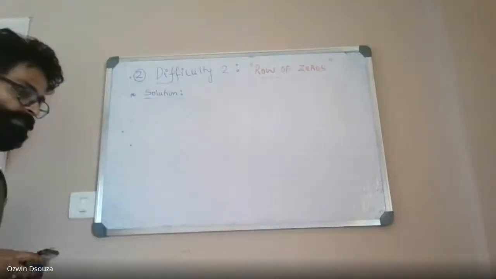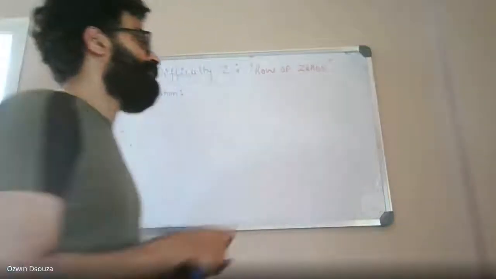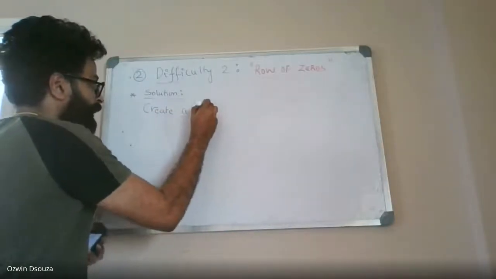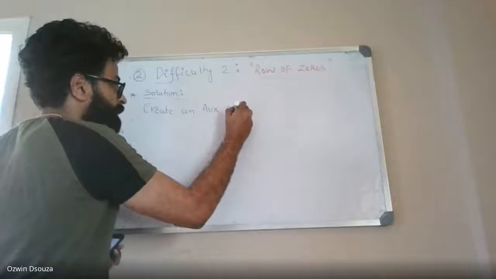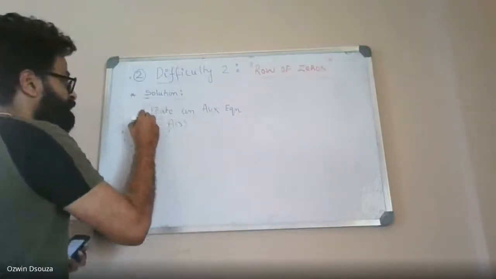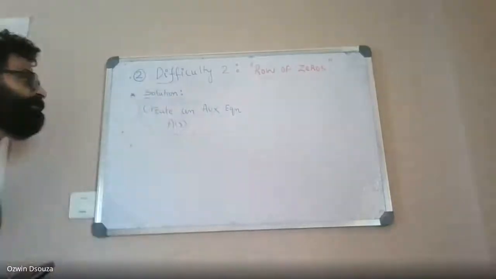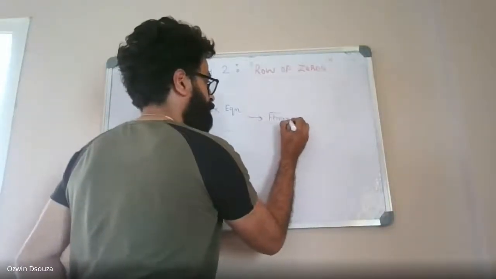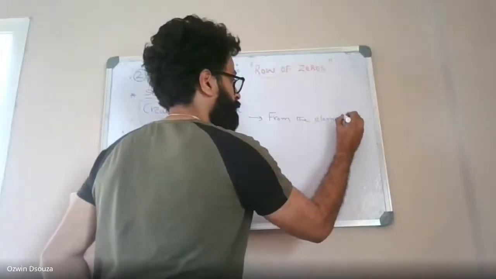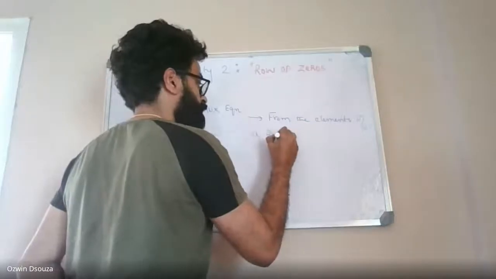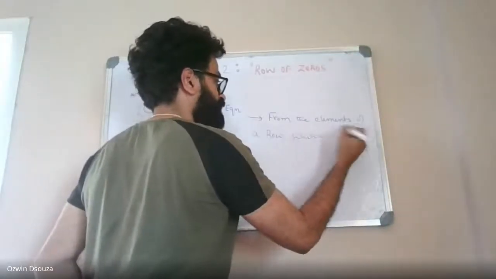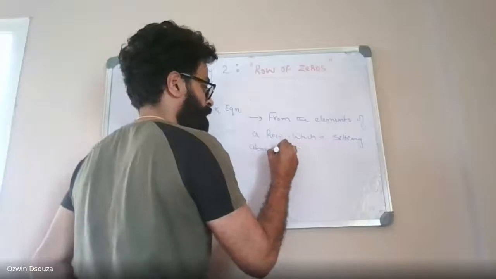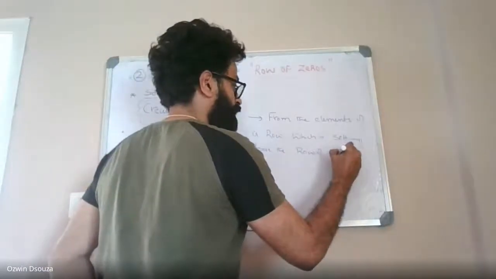Now, the solution for overcoming this particular difficulty is to create an auxiliary equation A of S from the elements of a row which is sitting above the row of zeros.